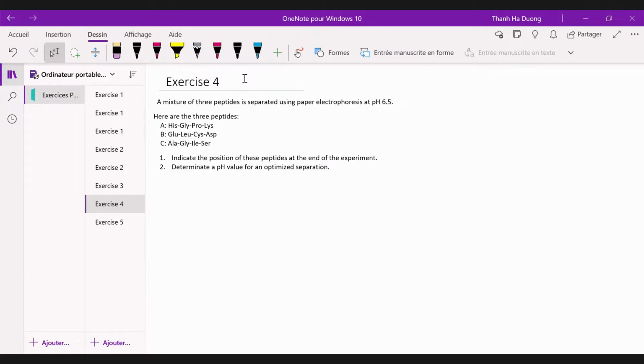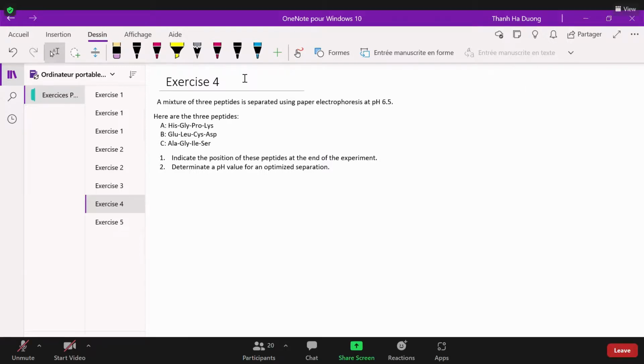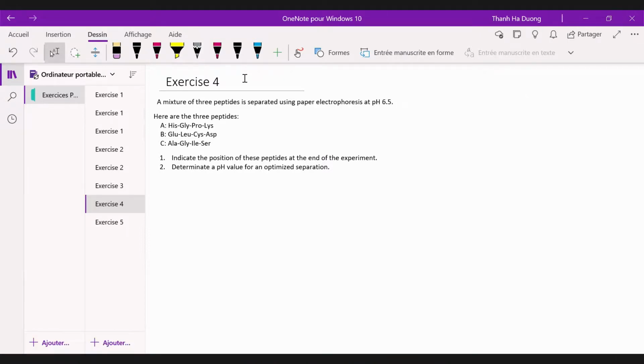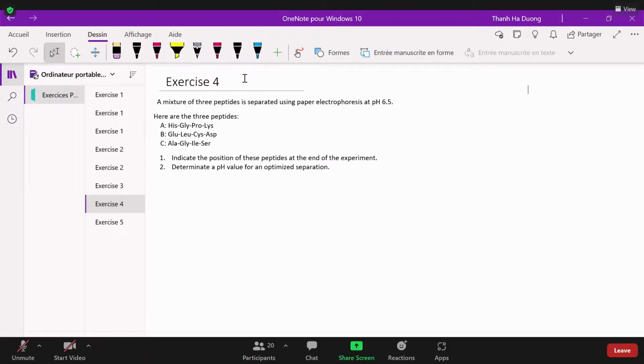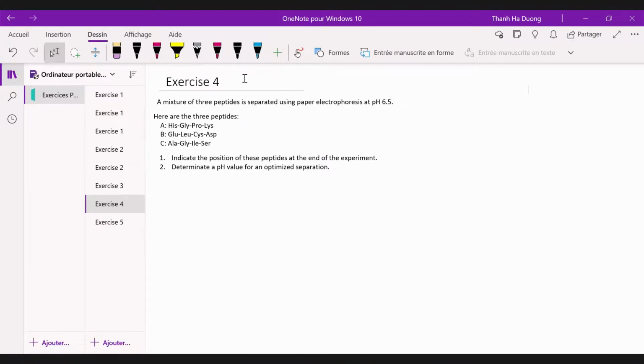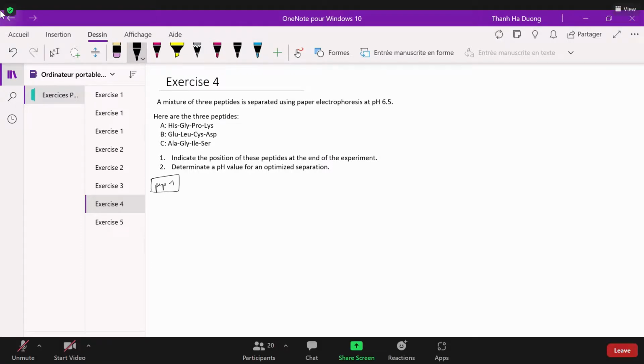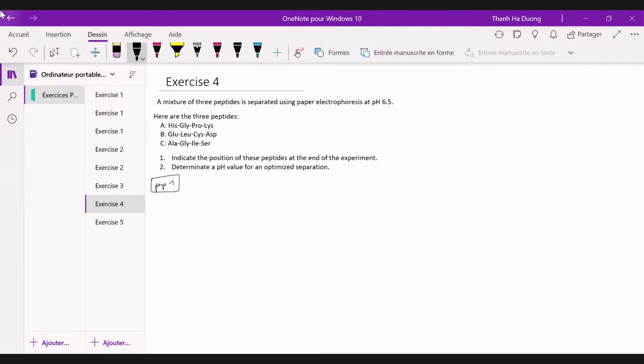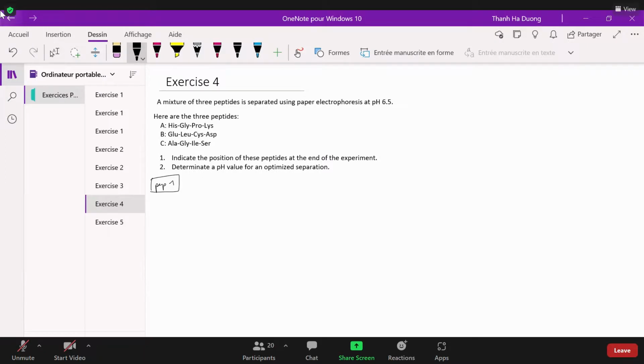So first, at this pH 6.5, we need to know what is the charge of each peptide. Is it positively charged, neutral, or negatively charged? Because according to their charge, it will migrate to the anode or to the cathode. So for peptide 1, we have histidine as the N-side amino acid.